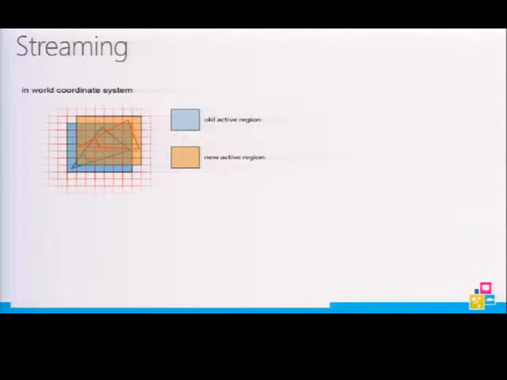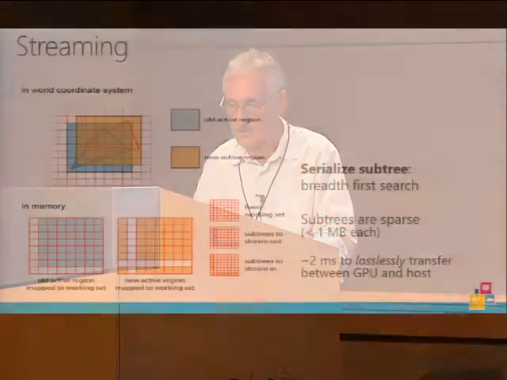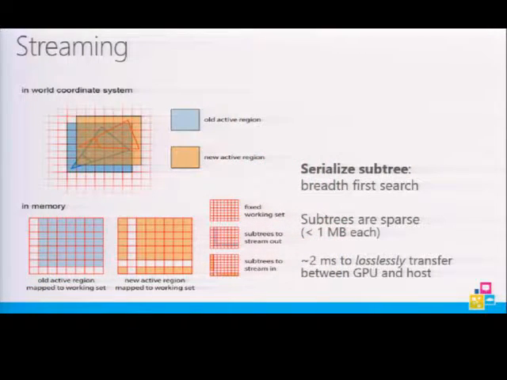And then finally, there is this extra idea that memory in the GPU is precious and has to be treated like a cache and streamed in and out as the camera moves through the scene. And so you maintain a working set which has to be constantly revised as the camera moves in space.